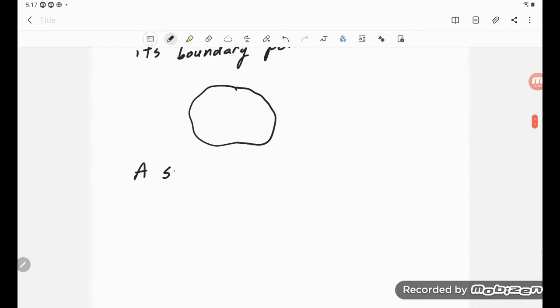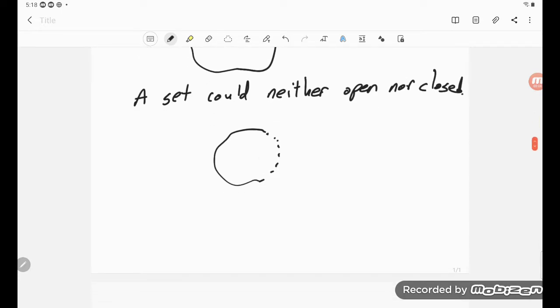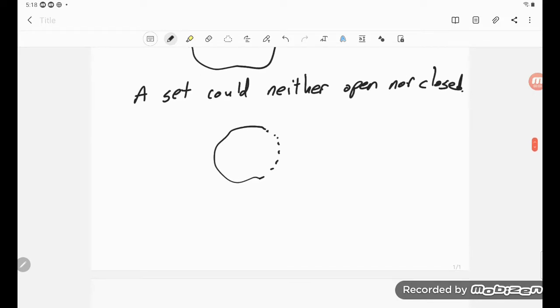So a set could be neither open nor closed. Right? So, if I've got that much that includes the boundary, that much that doesn't, then not every point is an interior point, nor does the set contain all its boundary points.